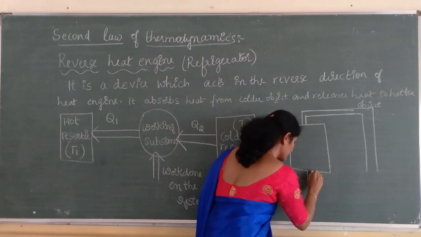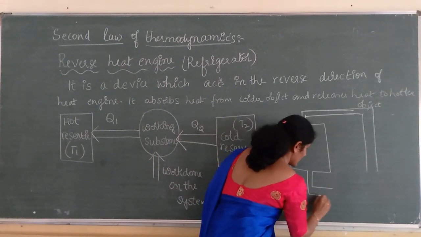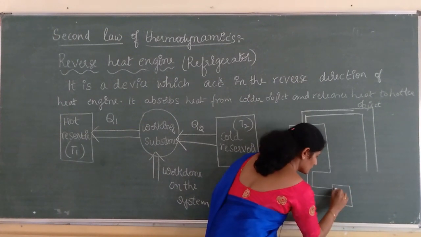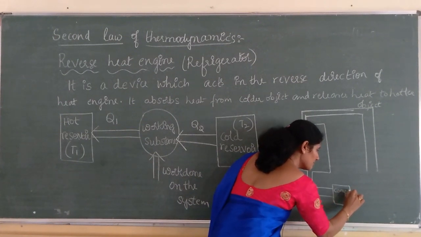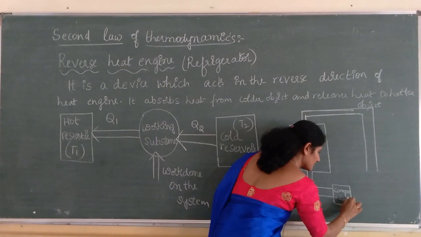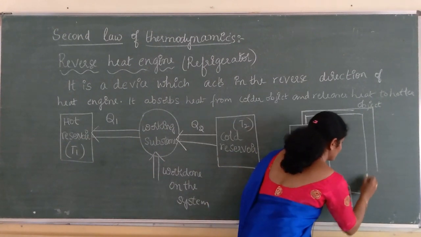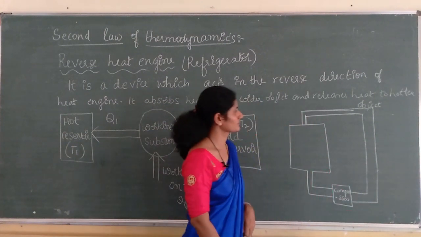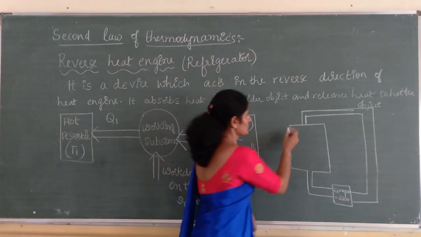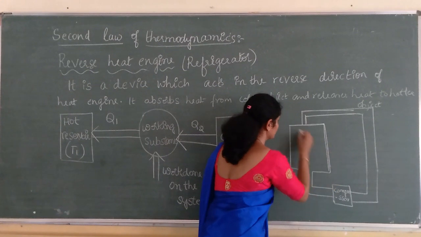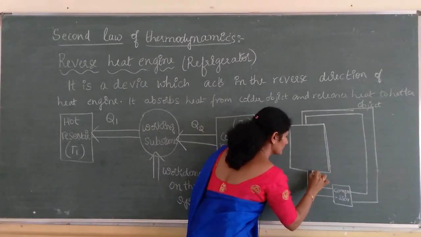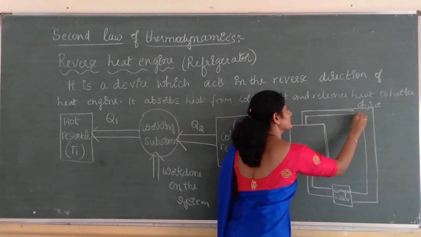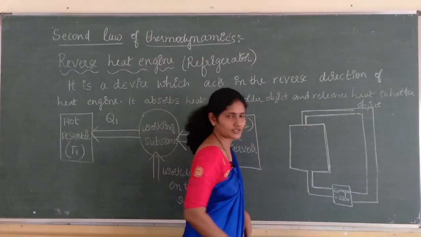Here we have a pipe which is connected to a compressor. So, this is called the compressor, which is connected to this point. So, this is the inside view of the refrigerator.